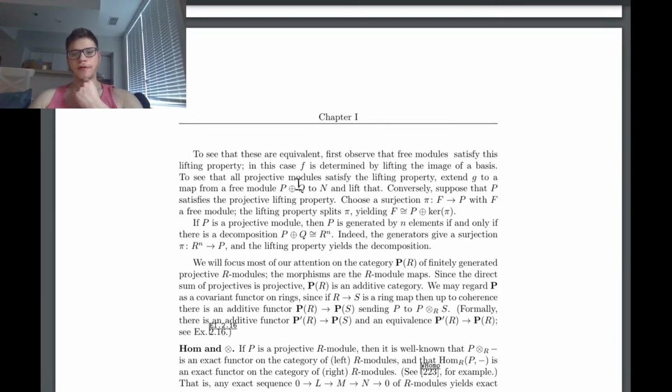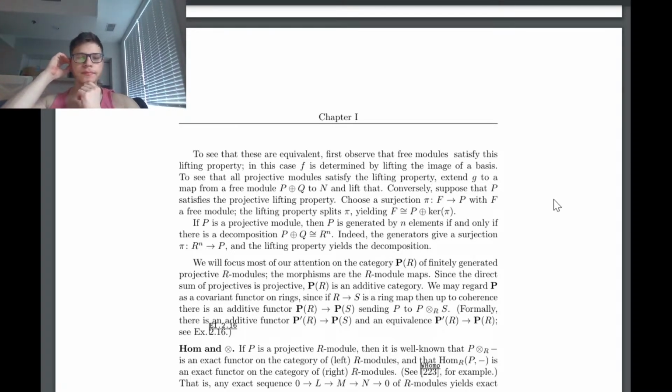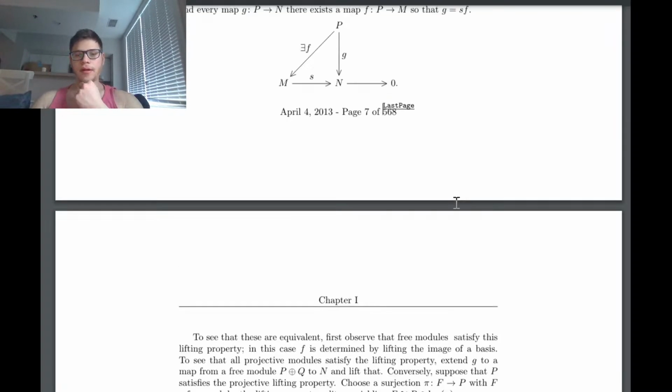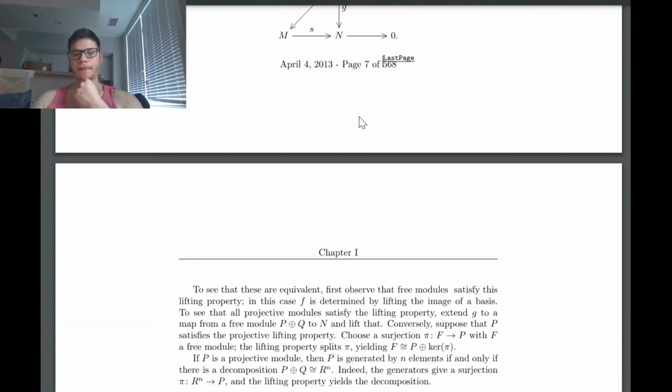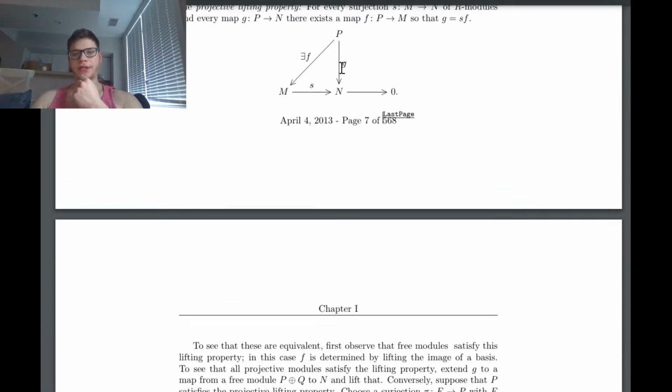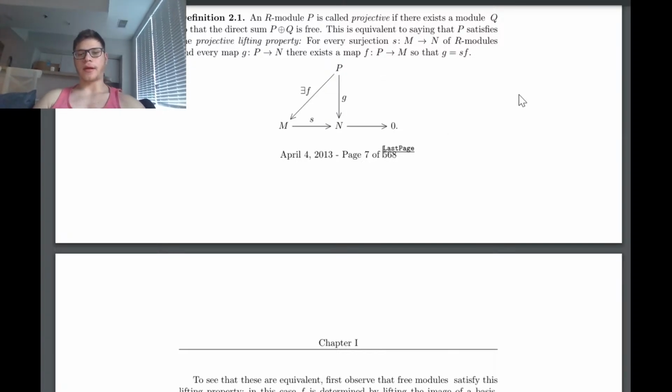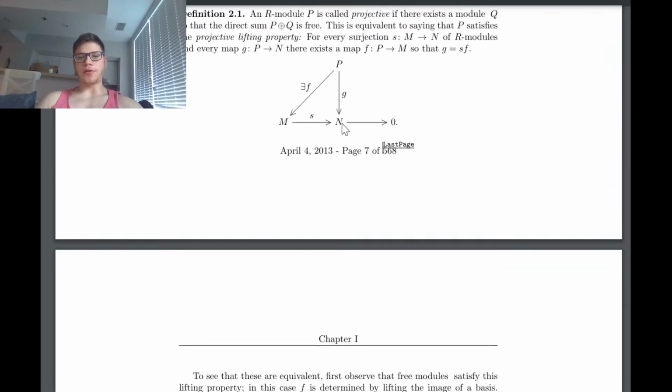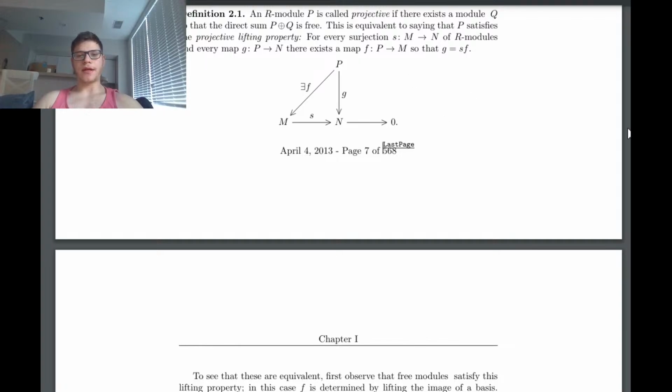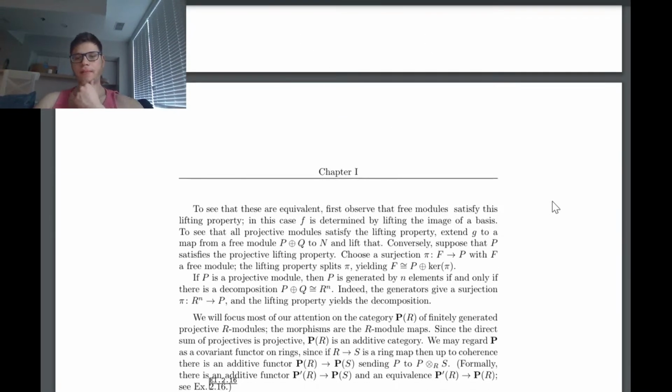To see that all projective modules satisfy the lifting property, extend G to a map from the free module P plus Q to N, and lift that. You just extend by taking the projection, then apply the property on that, and when you restrict to P, you get the lifting diagram.